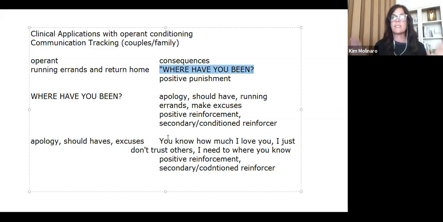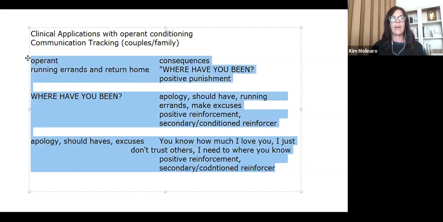Again, very simplistic response. Not a simplistic scenario, but a simplistic application that we're just doing with operant conditioning. And we do see these things clinically. We use many other tools, very comprehensive tools, but I wanted to highlight that.